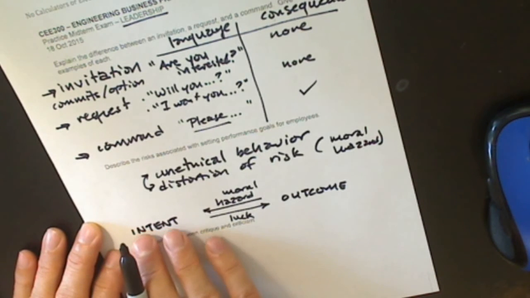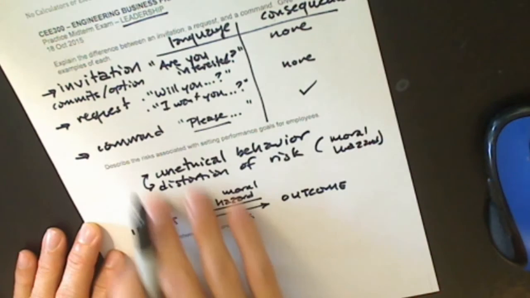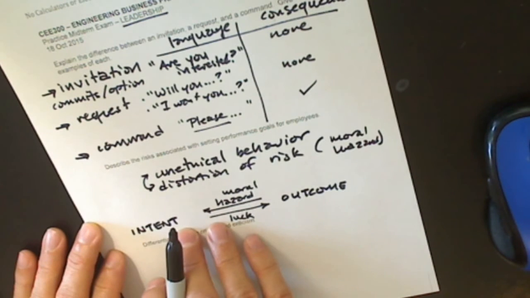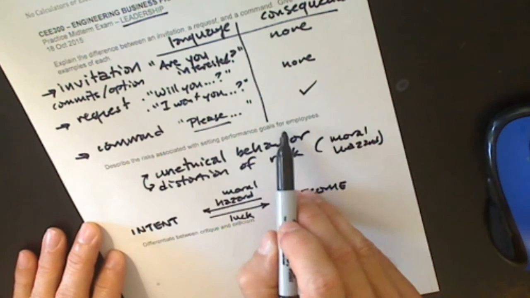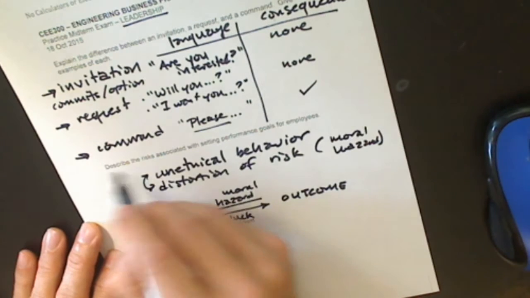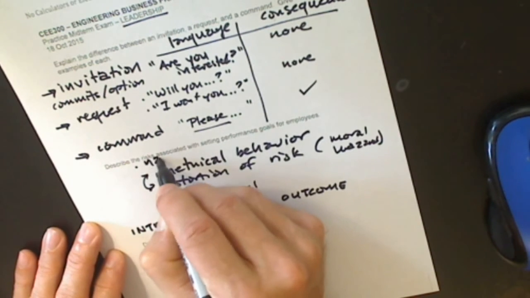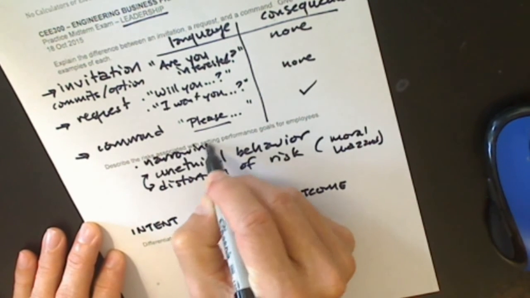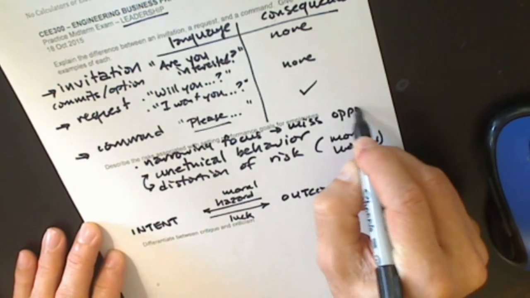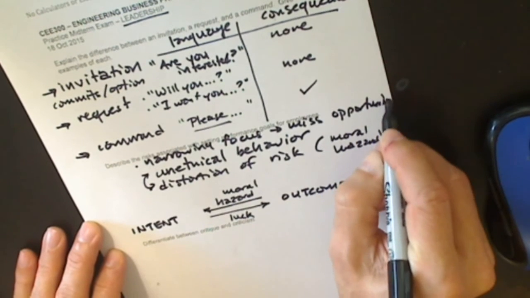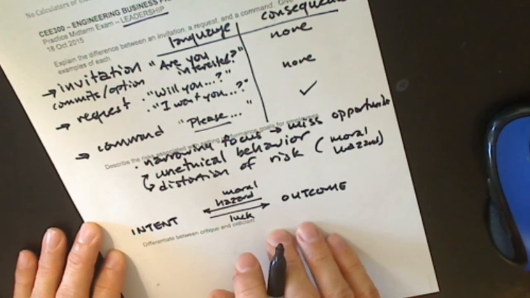Also, you needn't go into the whole intent versus outcome to get full credit for this section, but you do have to have some understanding of additional risks of setting performance goals, and they are the narrowing of focus on a goal often causes us to miss opportunities, and those opportunities just might be good luck.